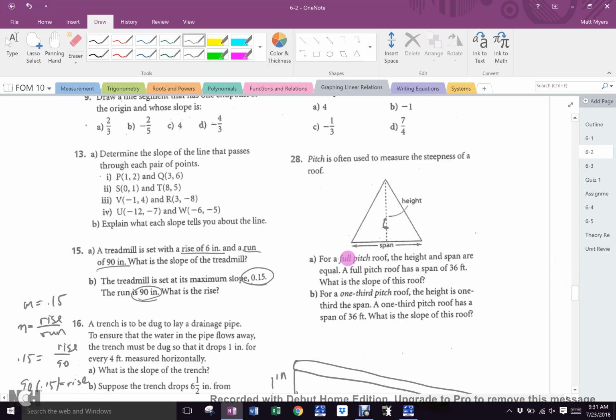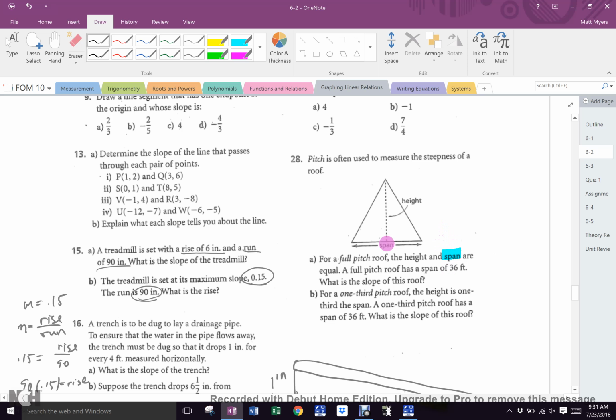All right. For a full pitch roof, the height, which is this right here, and the span are equal. A full pitch roof has a span of 36. So what is the slope of this roof?